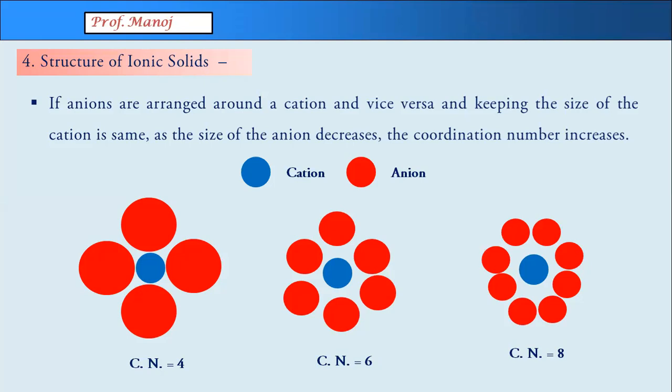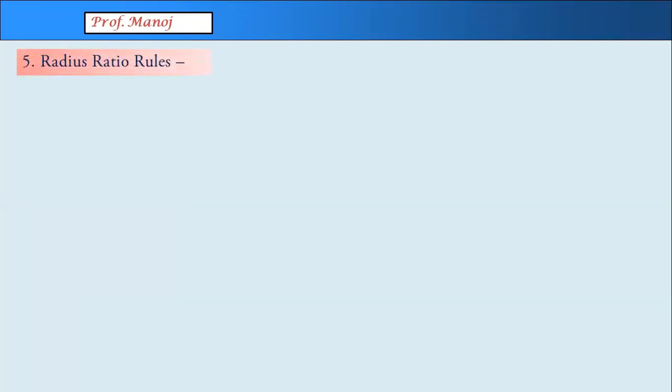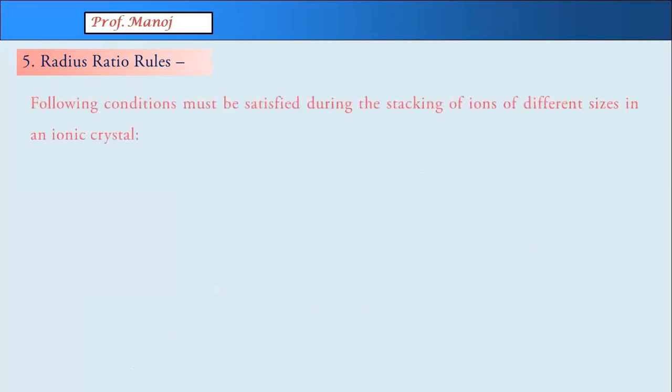Now out of this, which system is more stable, which is less stable, that also we need to see. So to understand all these things, we come to a rule known as radius ratio rule. So scientists have not only just kept the coordination number as a concept, but they have considered the radius ratio. Considering all the possibilities, radius ratio decision is made on these conditions.